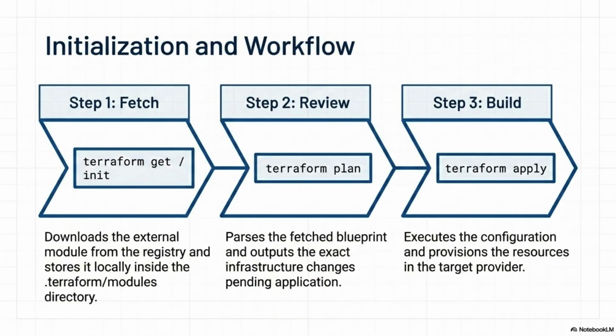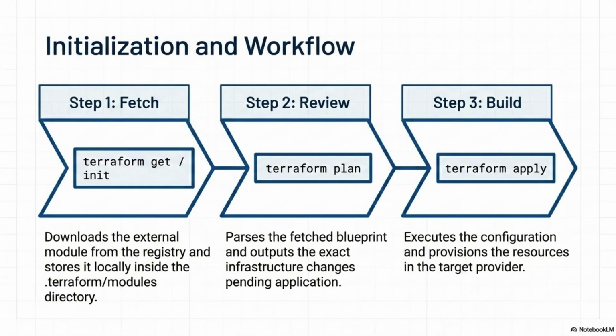Initialization and workflow. Once your modules are configured, deployment follows 3 clean steps. Step 1. Fetch. Run Terraform get, or Terraform init. This downloads external registry modules and stores them in the .terraform/modules directory. Nothing is built yet. You're pulling the blueprints. Step 2. Review.